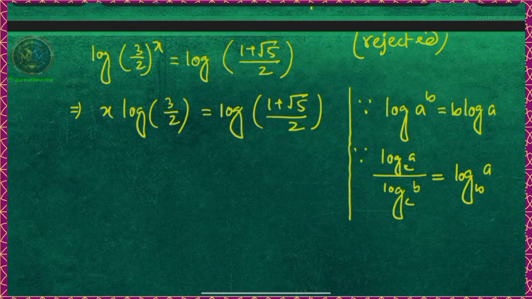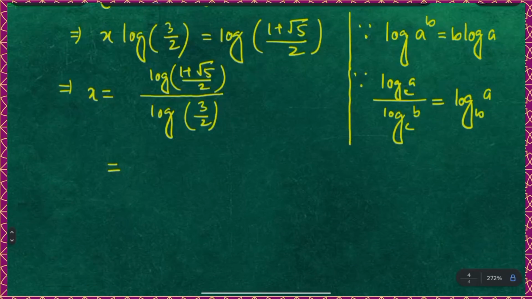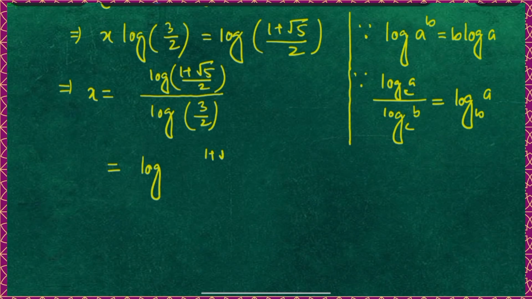So here x equals log of (1 plus root 5) by 2 divided by log of 3 by 2. Therefore, x is log of (1 plus root 5) by 2 to the base 3 by 2.